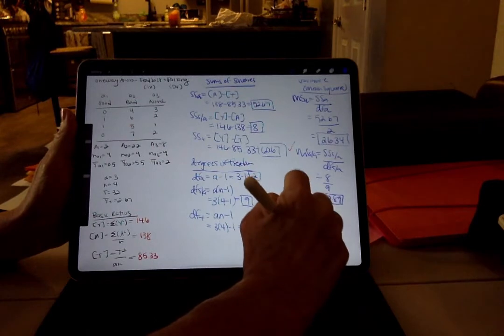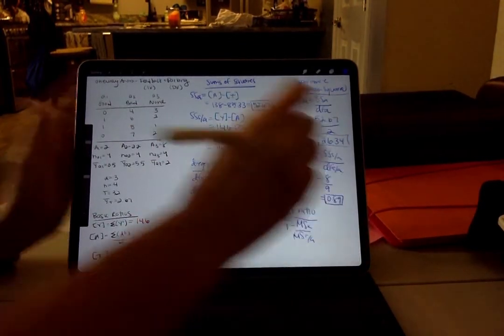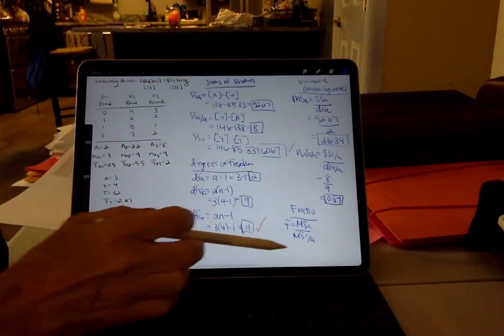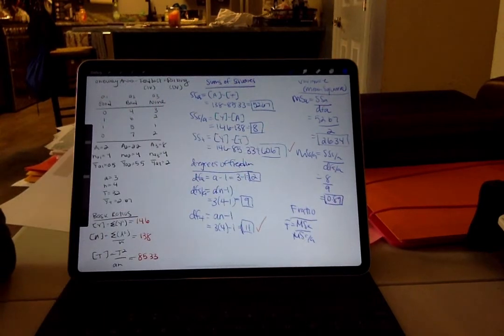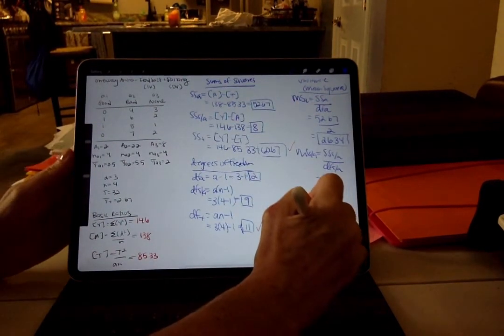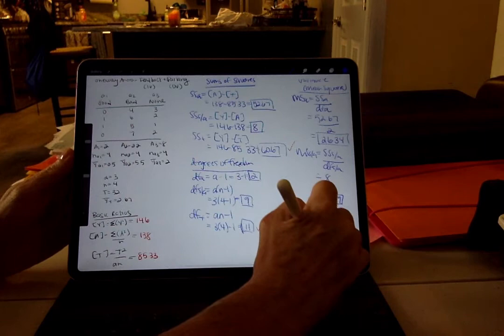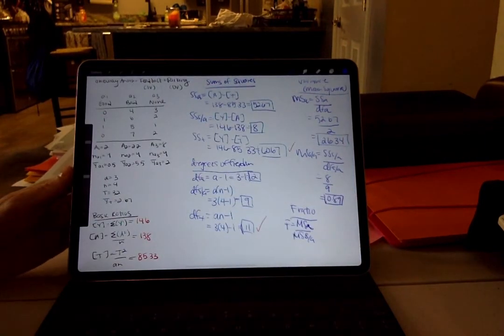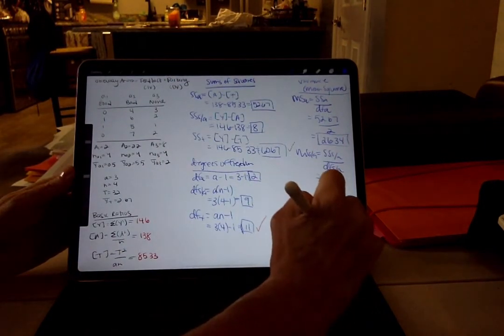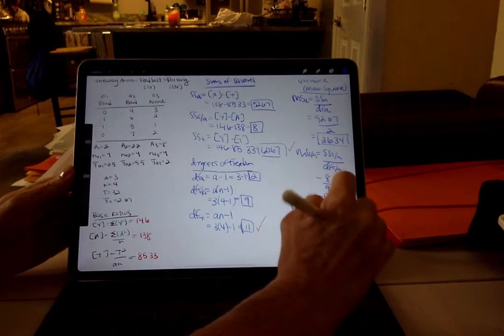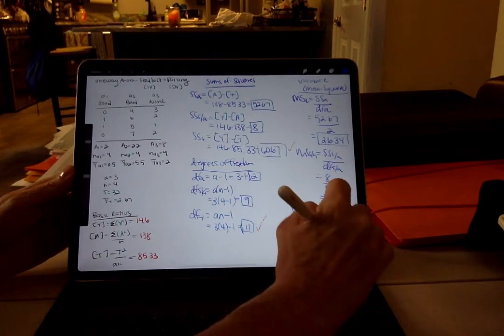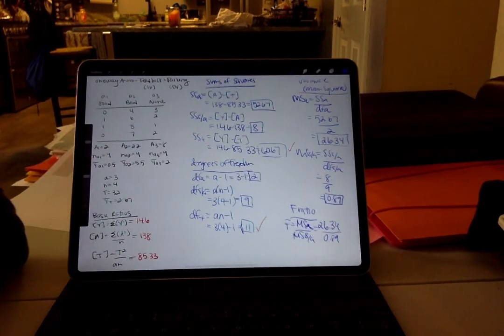And the formula for the F ratio is our mean square A divided by our mean square S over A. That's a little bit messy, but it's the mean square A divided by the mean square S over A. So we've got 26.34. Sorry for all the sound effects in the background. We've got 26.34 divided by 0.89.